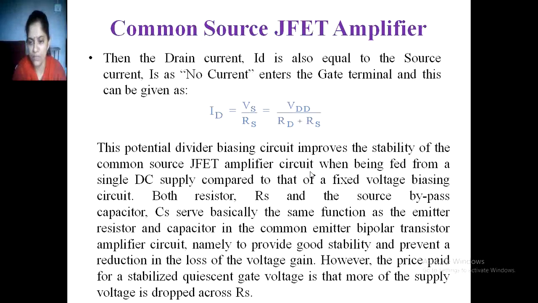However, the price paid for the stabilized quiescent gate voltage is that more of the supply voltage is dropped across Rs. So here the potential divider biasing circuitry is used for stability, from the DC supply, compared to the fixed voltage biasing circuit.